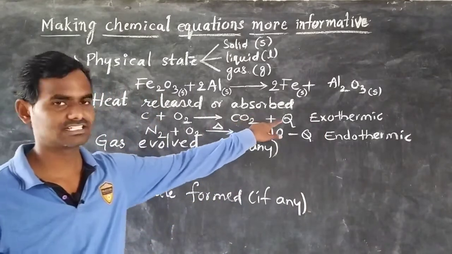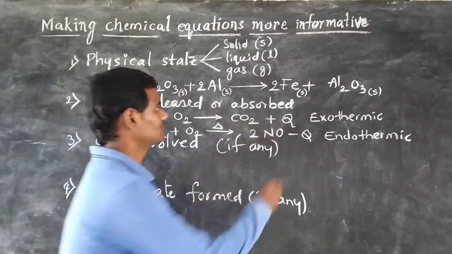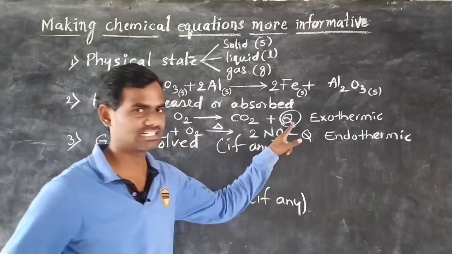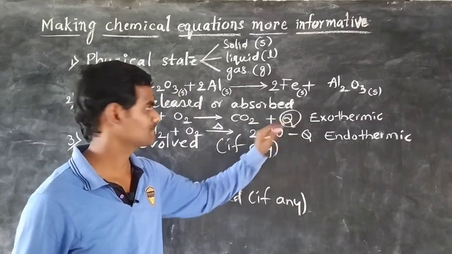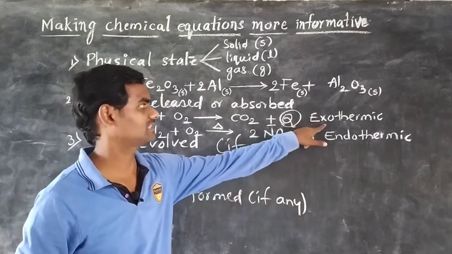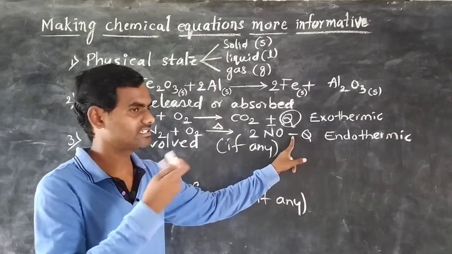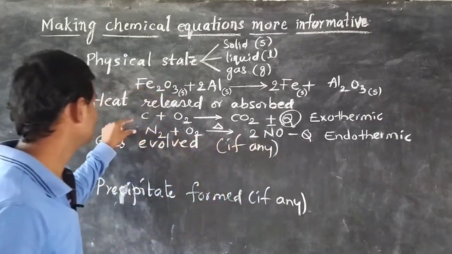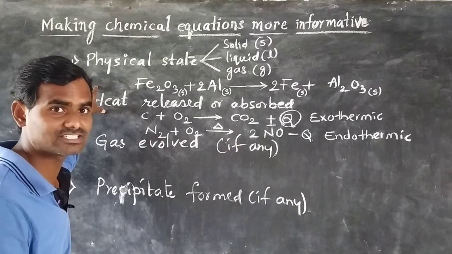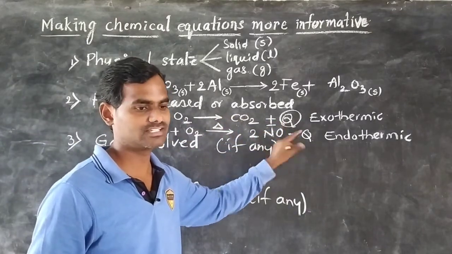To represent heat absorbed or released, we use Q. Q means heat, and plus means heat is evolved, that is exothermic; minus means endothermic, heat is absorbed. This is the representation of heat released or absorbed by using the symbol plus Q or minus Q.